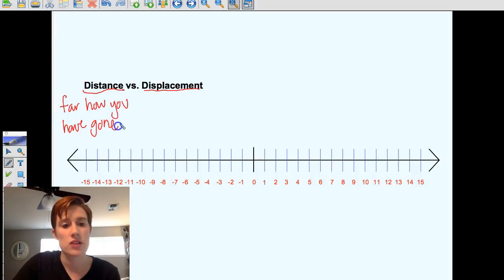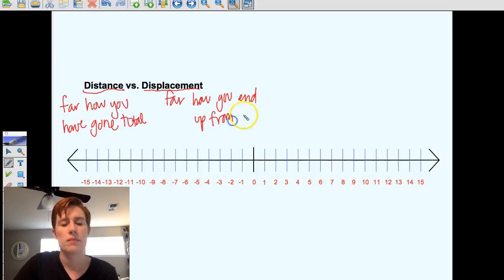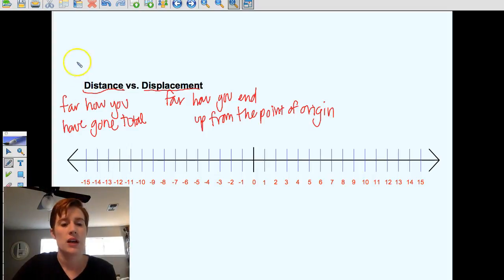Let's make that our definition. It's how far you've gone total from whenever you started. The displacement is how far you end up from the point of origin. Those sound almost the same. Let me give you an example so you can understand how they're different.